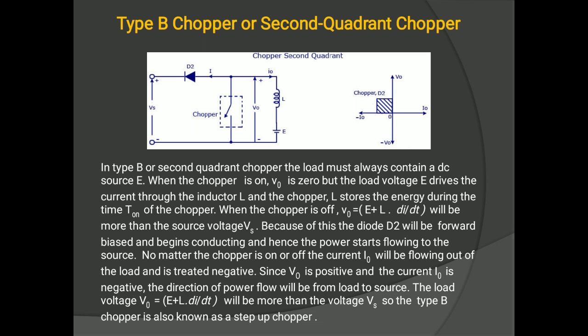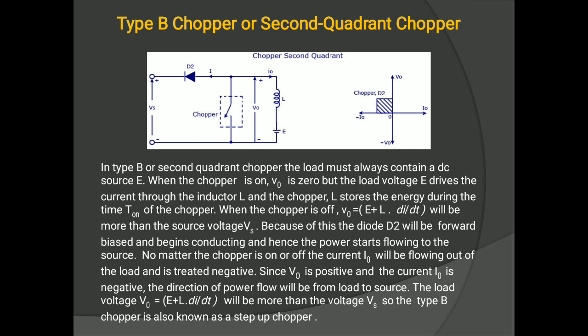Then when chopper is off, output voltage equals E plus L di/dt, that exceeds the source voltage Vs. As a result, diode is forward biased and begins to conduct, thus allowing power to flow from load to source.